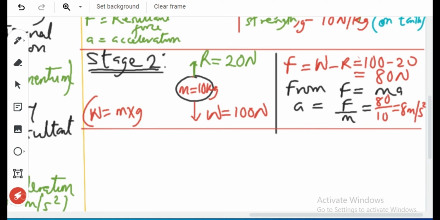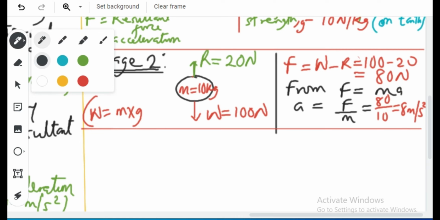Since it is still moving faster, what will happen to the air resistance? The air resistance will still increase.